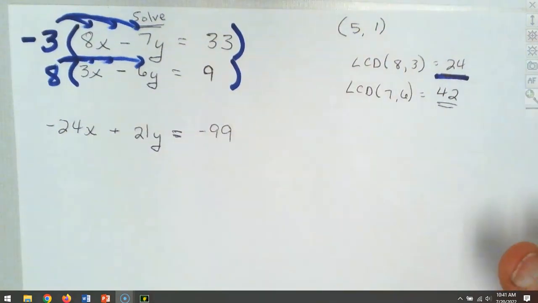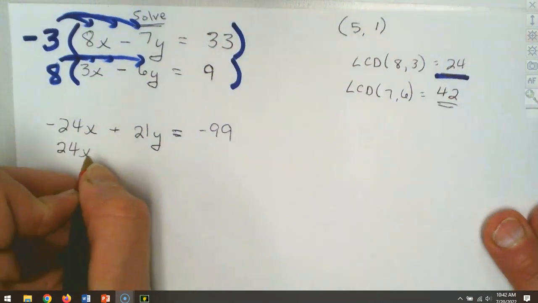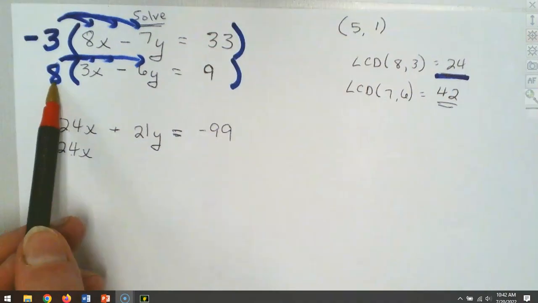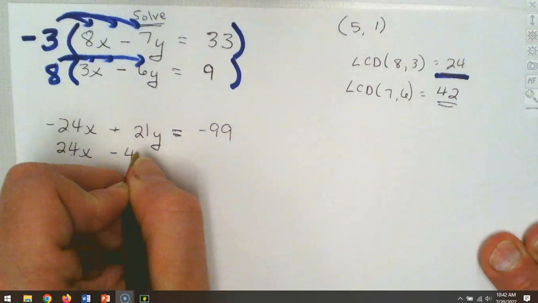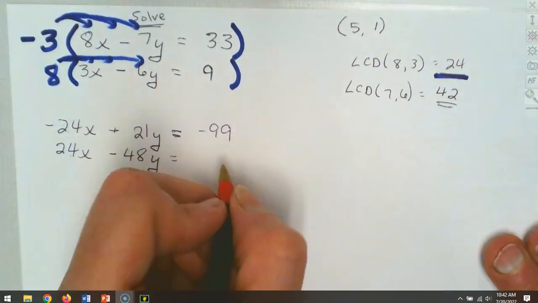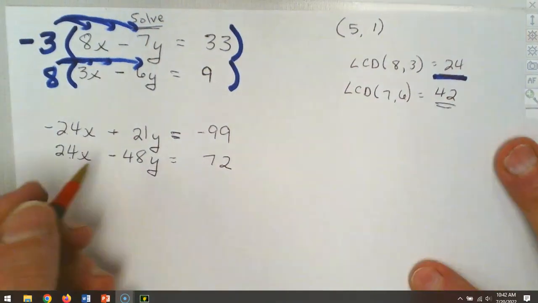What about the lower one? Multiply that 8 through. We get 24x. Those are going to cancel when we add down. We have 8 times a negative 6. That makes it a negative 48y. We have 8 times 9, well, that's a 72. And now we're in luck because what's going to happen when I add these down?